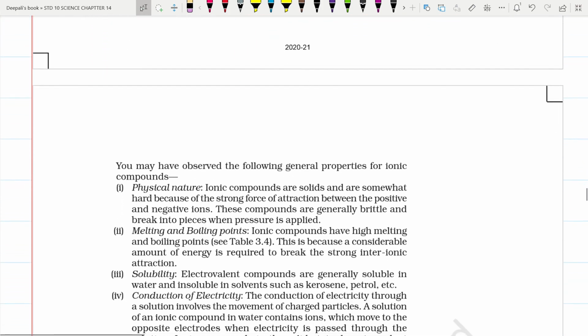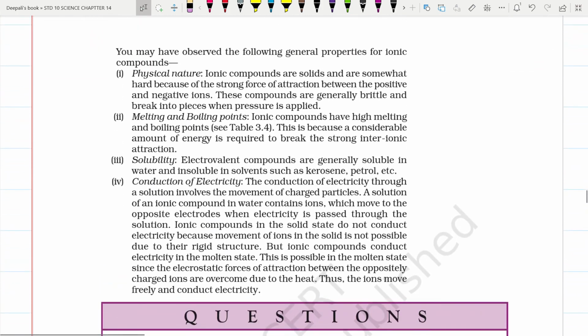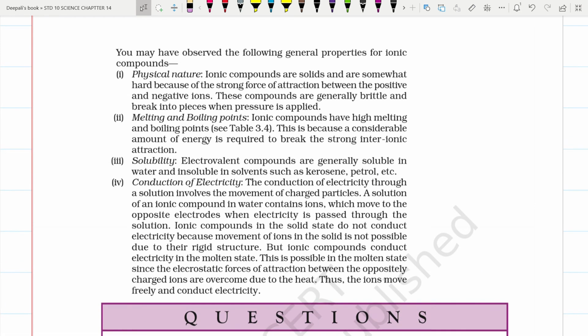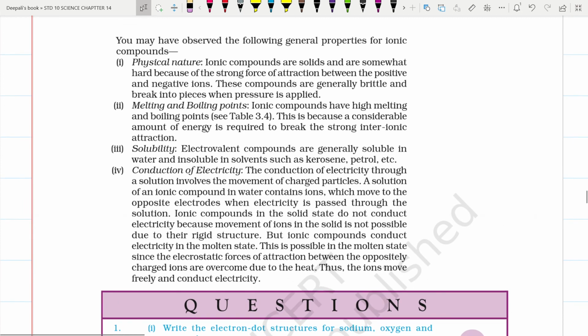Now let us summarize the properties of ionic compounds. You may have observed the following general properties. Physical nature: ionic compounds are solids and are somewhat hard because of the strong force of attraction between the positive and negative ions. These compounds are generally brittle and break into pieces when pressure is applied.